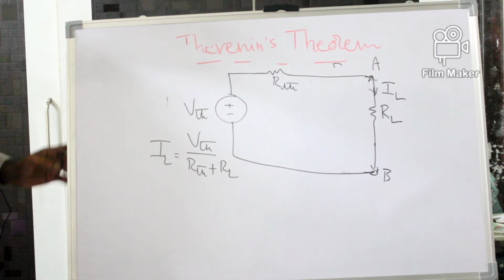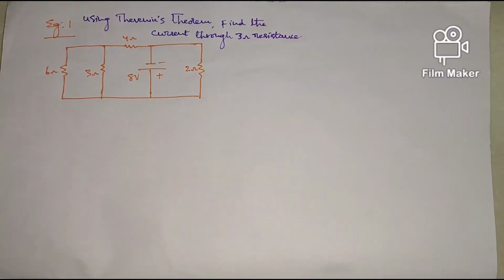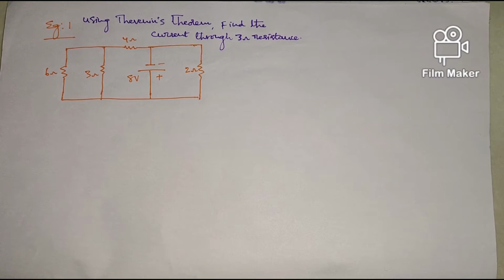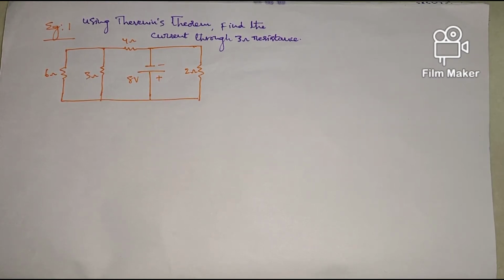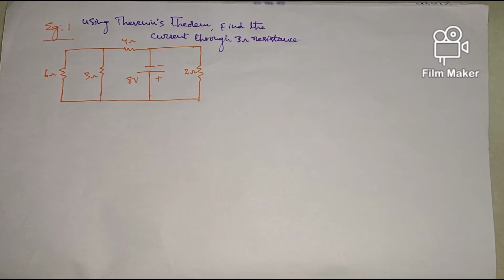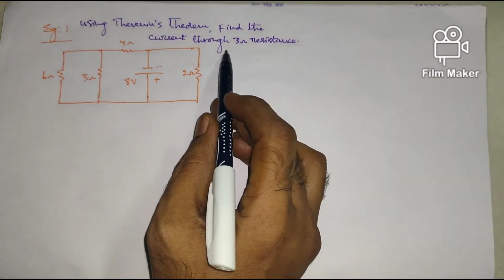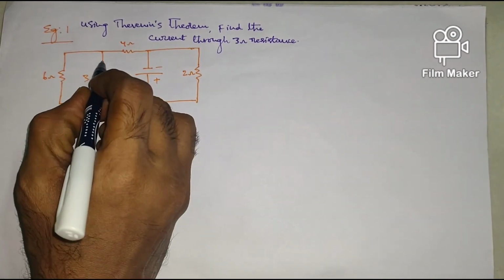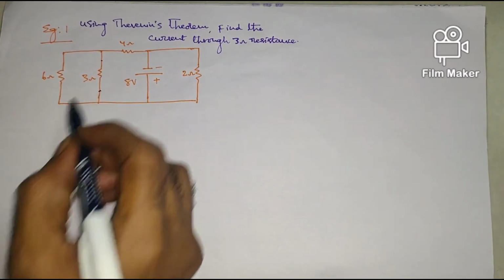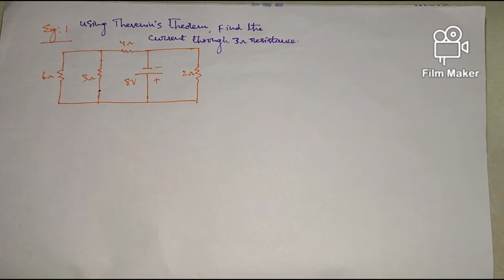In order to illustrate Thevenin's theorem, let us go through a few examples. Here we have got example 1. In this problem, we are asked to find out the current passing through the 3 ohm resistance using Thevenin's theorem.